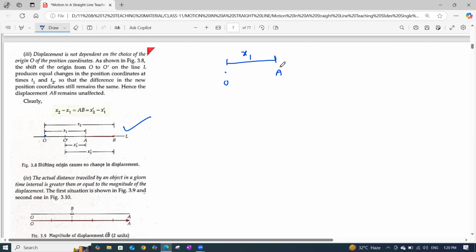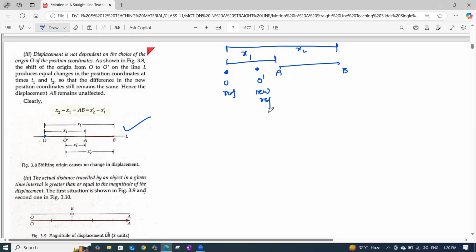Now the body moves from A to B, and considering the original origin, the distance is x2. Now if you shift this origin, consider the origin is here, a new reference point O dash, the displacement won't change.